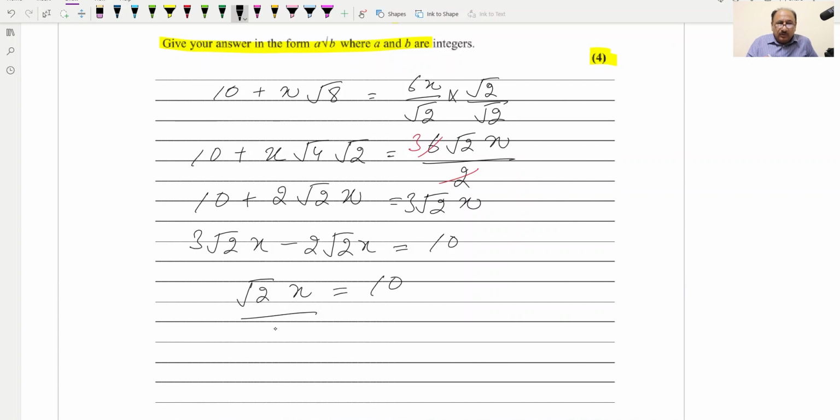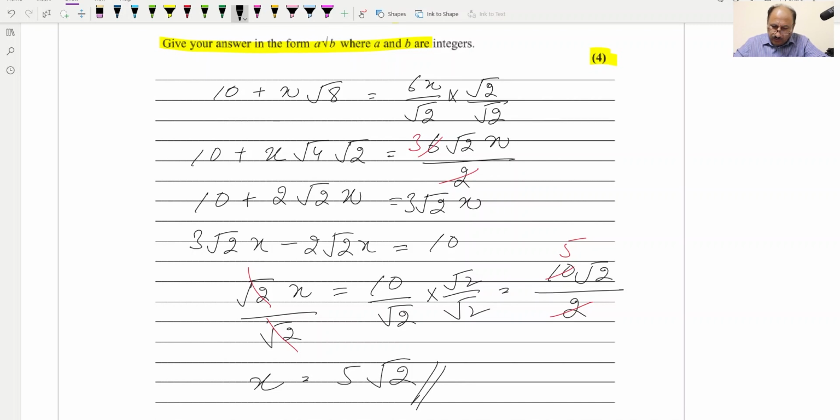So we can divide both sides by root 2, and this will be cancelled with this one, and x will be equal to 10 over root 2. What we can do, we can multiply and divide by root 2, and this will be equal to 10 root 2 over root 2 squared, which is 2, and this can be cancelled as 5. So x will be equal to 5 root 2.